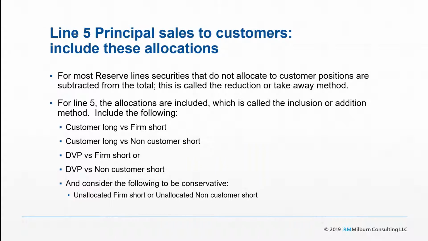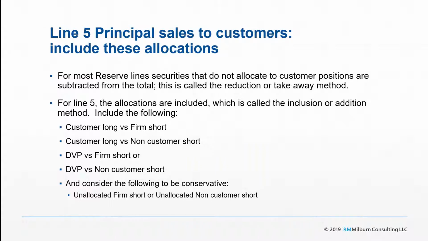So far, for all the lines we've discussed, we've talked about putting in from the balance sheet the dollar amount for these particular contracts, and then we subtract off items that are not related to customer transactions. Here, we're going to do the opposite. We're going to use the allocations and build up to what should be included in the reserve calculation.